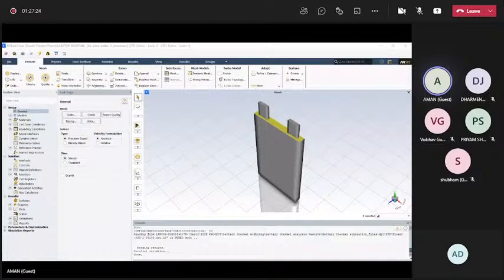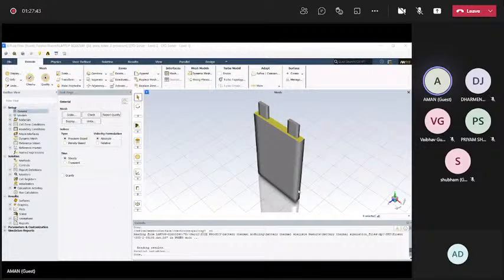Just a second. So let's discuss this particular simulation.